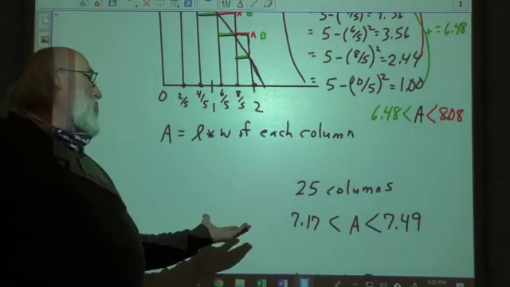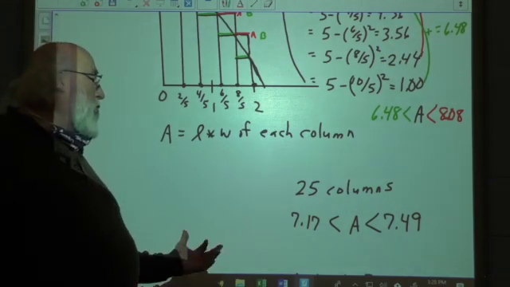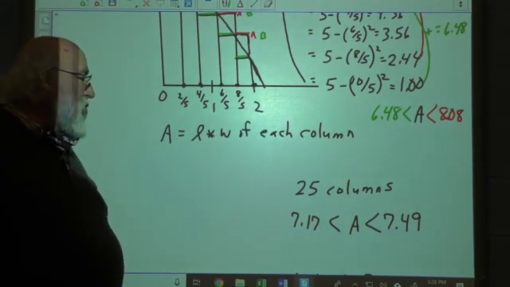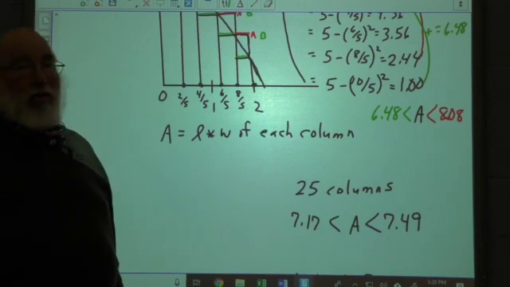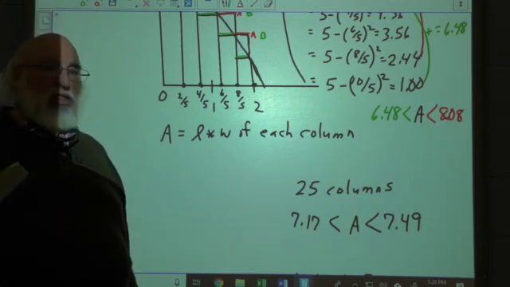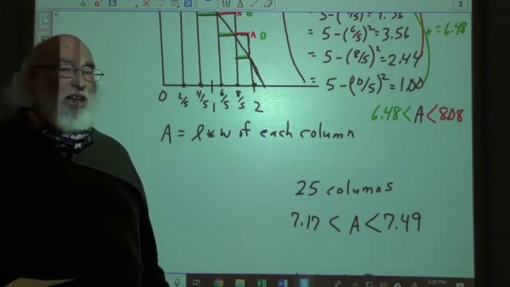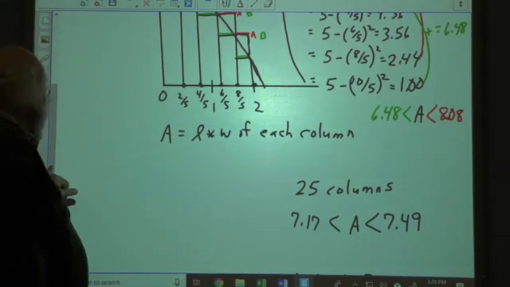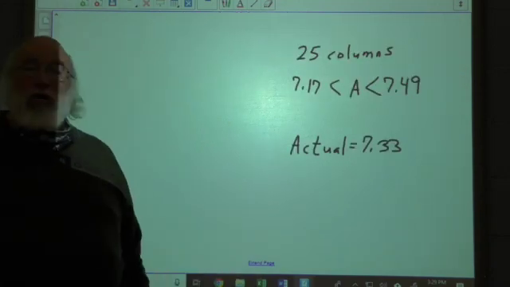We take those two and add them and divide by 2, we get 14.66 divided by 2 is 7.33. And it turns out, when you actually do the calculation, which is the next topic that you're going to be dealing with, and oh, what a delight that is. Not really. We get the actual value to be 7.33.